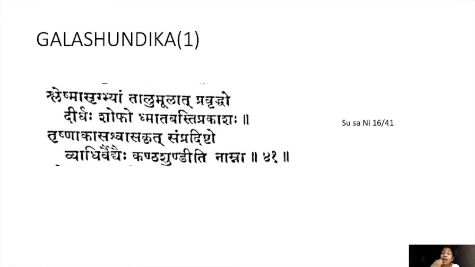There will be pichila, sliminess, and it looks like a Malsya Basti, and other symptoms are Trishna, Kasam, Shwasam, and in Ashtanga Hridaya, along with that Vamana, Vamikrit is also mentioned, and also Nasayam Aharam Iren. So through the nose, the food will come out. So that is the Lakshana of Galashundika.